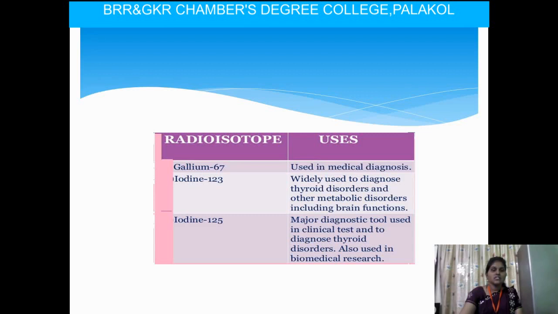And the next one is iodine 125. It is a majorly used diagnostic tool, and it is used in clinical tests for different types of diseases and different types of cancers, and it is also used in diagnosis of thyroid disorders and different biomedical researches.